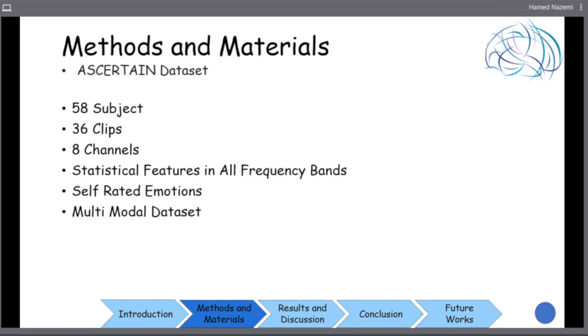In this study, we just used EEG signals and emotional self-rating states for emotion recognition. Statistical features in the time domain in all frequency bands are reported in the dataset, and an 8-channel dry electrode EEG device was used for data acquisition.